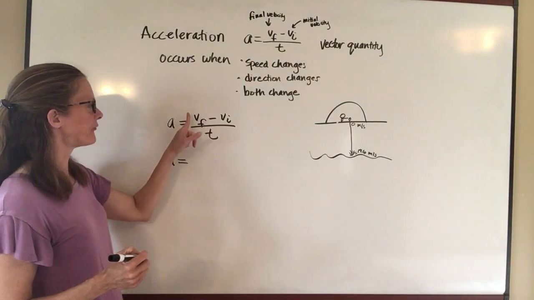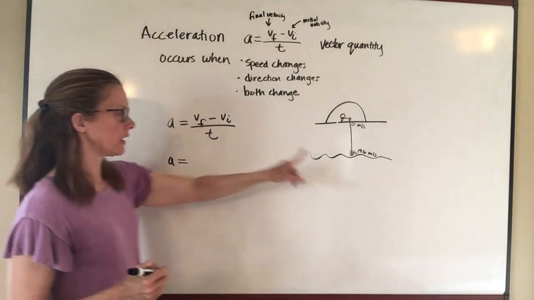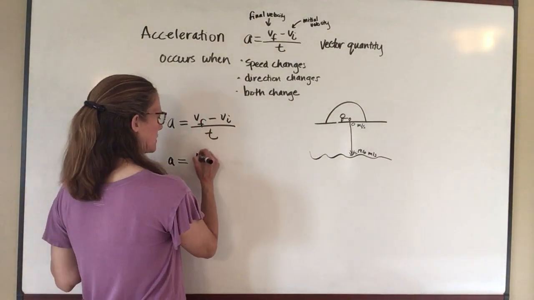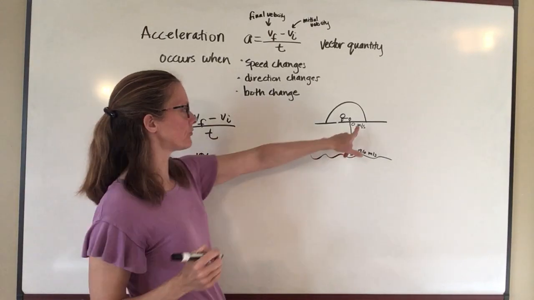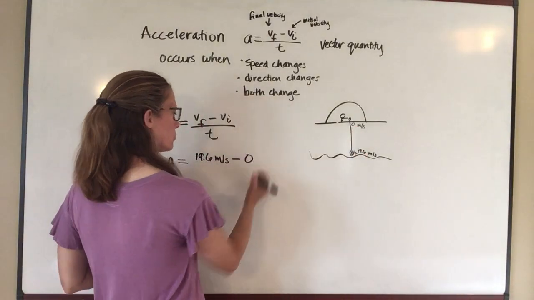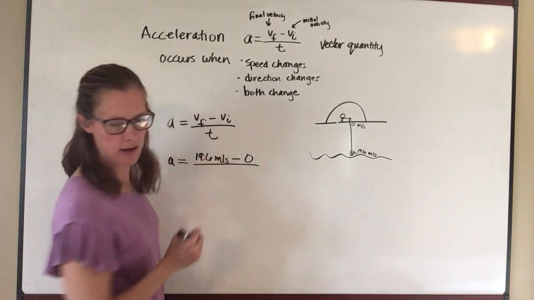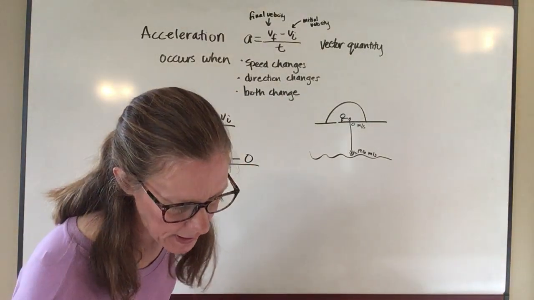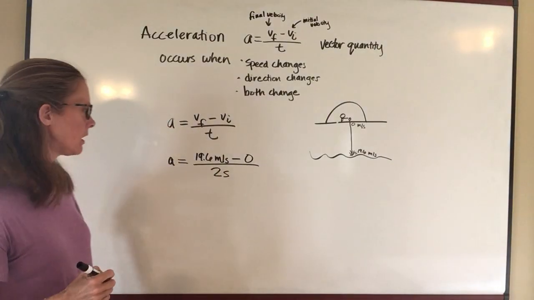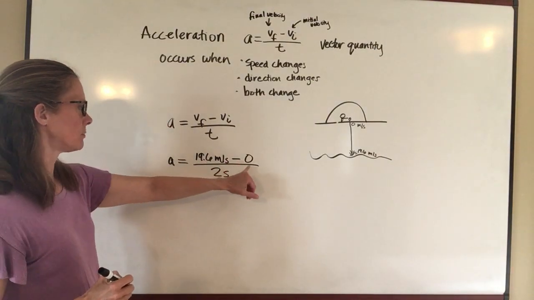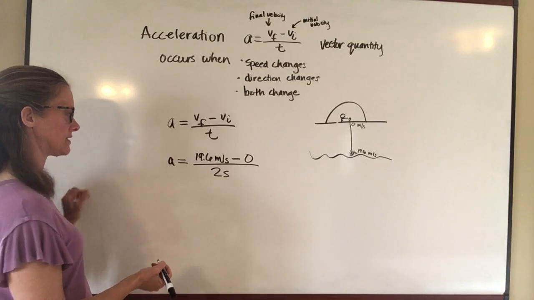So the final velocity when it hits the water is 19.6 meters per second. The initial velocity was 0. And the problem told me that it hit the river 2 seconds later. Okay, well, 19.6 minus 0 just gives me 19.6.